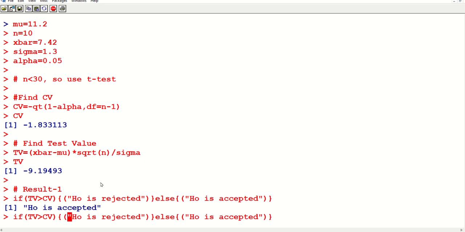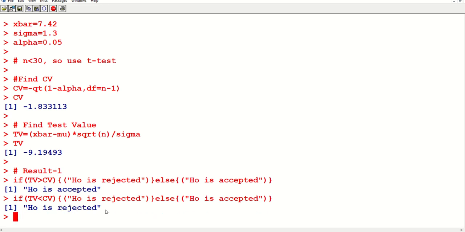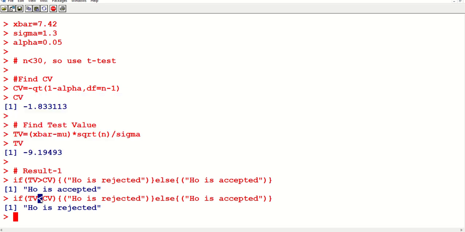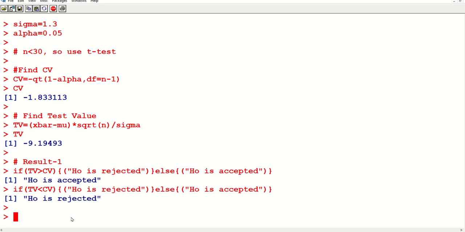And what is for minus? You need to change it. Greater than by less than. Now H naught is rejected. Why? Because the test value is less than the critical value, because we are calculating on the negative side. Negative side is reverse, reciprocal. Greater than will change into less than. So the null hypothesis is rejected in this case.